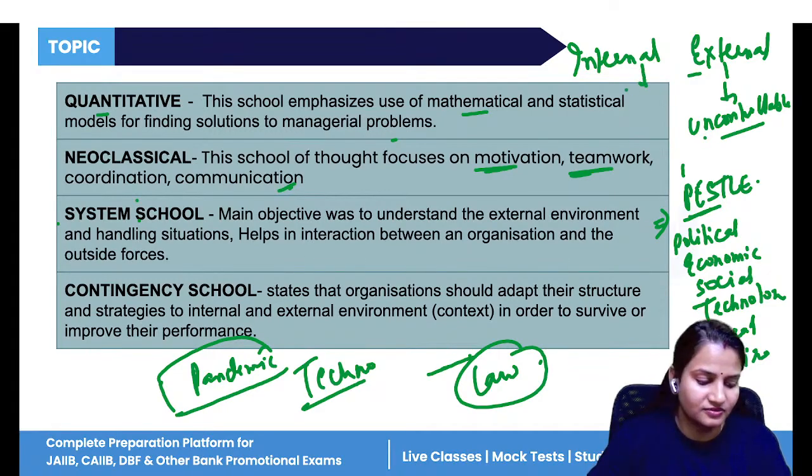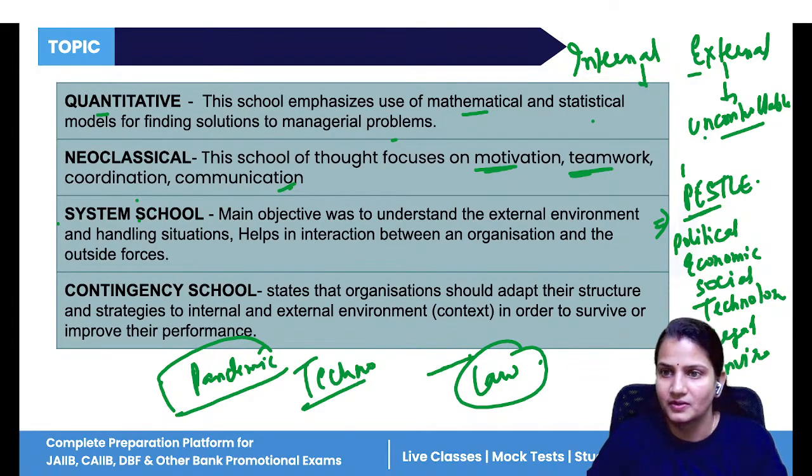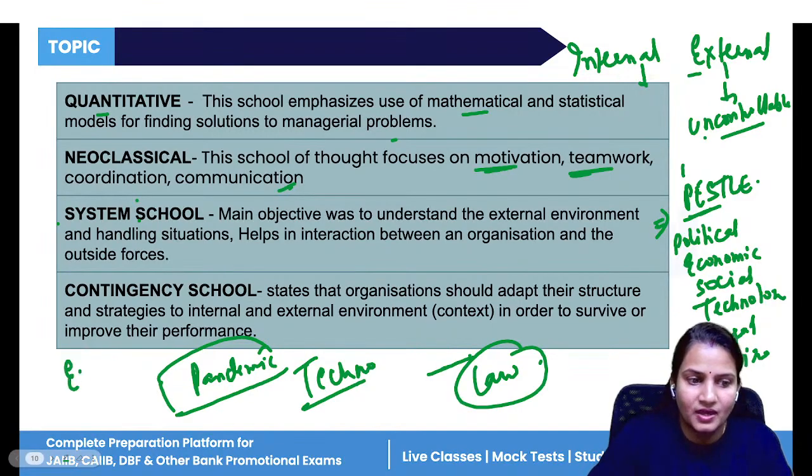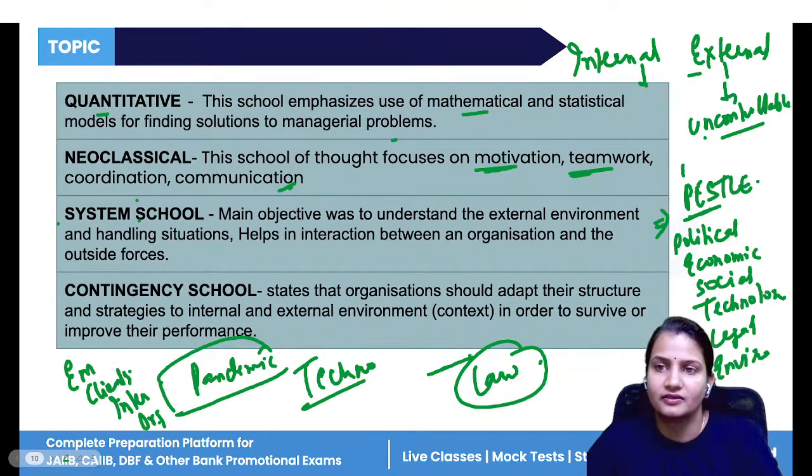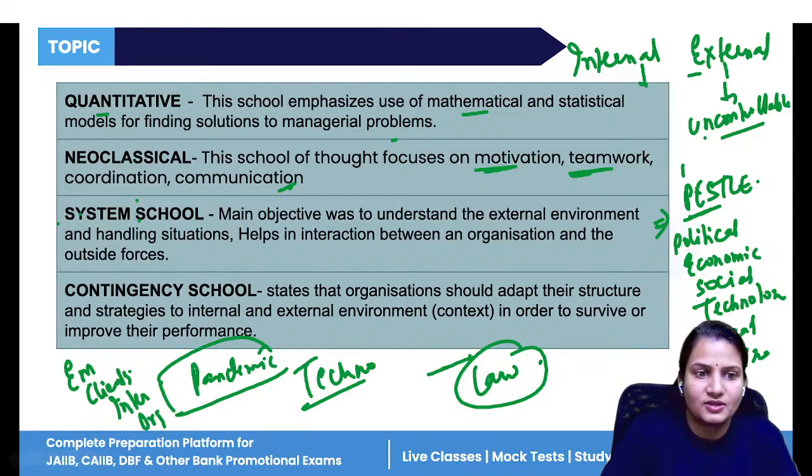Whereas internal factors are those factors that you can control. Like you can control your employees, your clients, your internal culture, your organization structure. So these are internal factors. The system school of management talks about understanding the external environment.